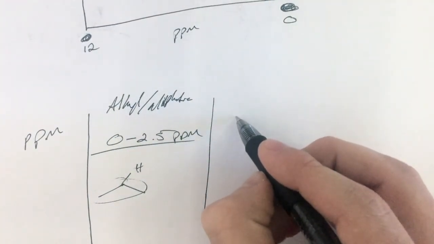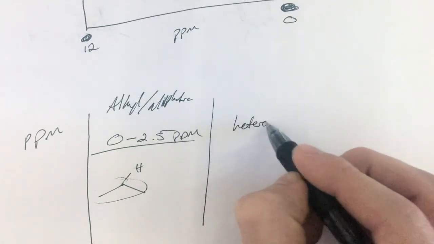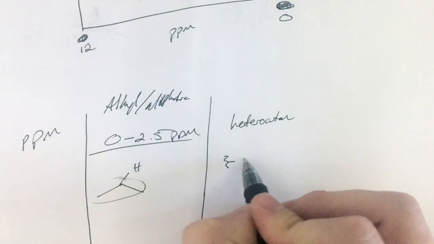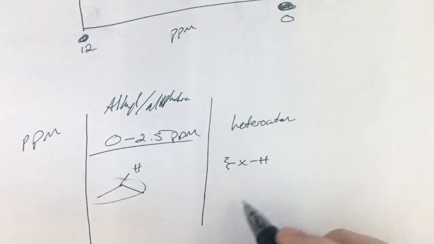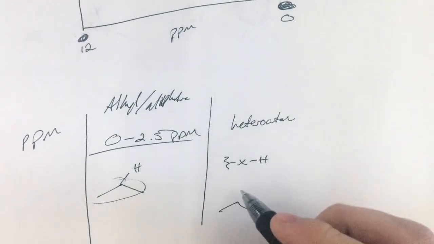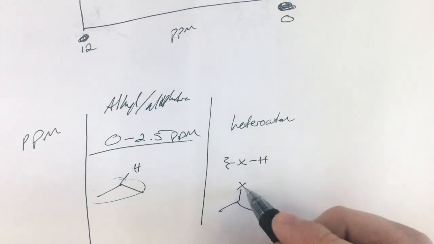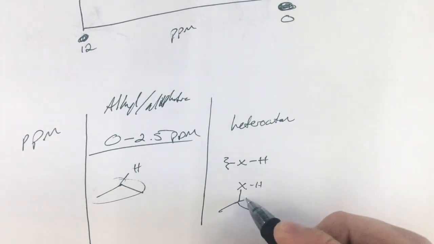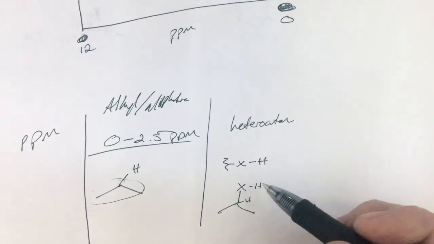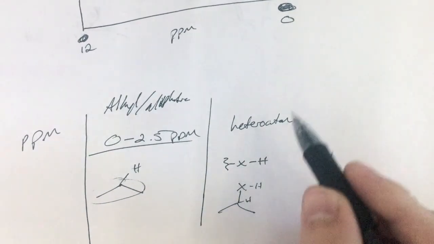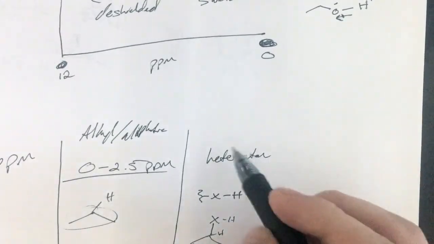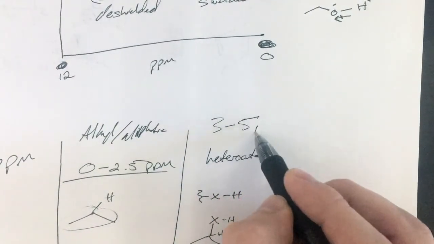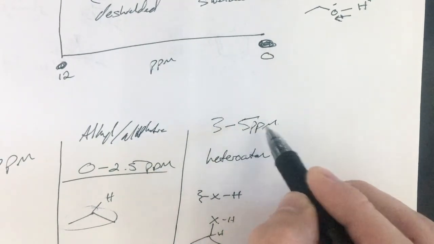Going up, if you have a heteroatom, which will look like this, or like this. So if you have a heteroatom such as an alcohol, like the previous example, you can assume that you're going to have a higher ppm range.